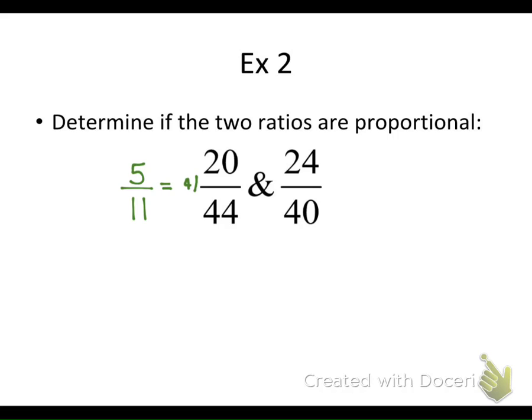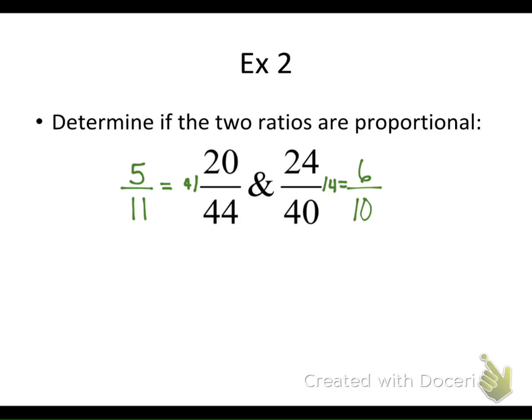Now let's go to my other ratio, 24 over 40. Remember, your calculator can simplify them for you. I don't have a calculator, so I have to work it out longhand. What are 24 and 40 both divisible by? Okay, so what's 24 divided by 4? What's 40 divided by 4?